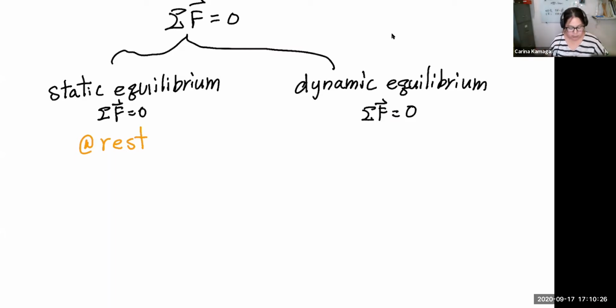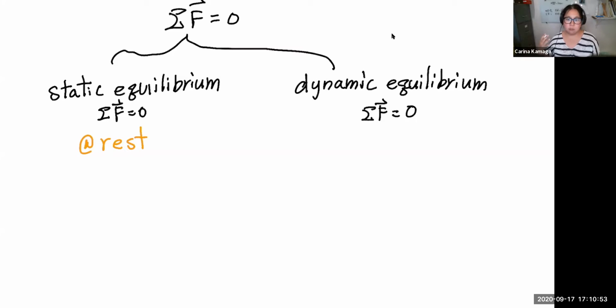So when an object is at rest, when it's not moving, that object is in static equilibrium. There are cases where an object is moving and still in equilibrium. Even though the object is moving, when you add up all the forces exerted on it, the total force can be 0.